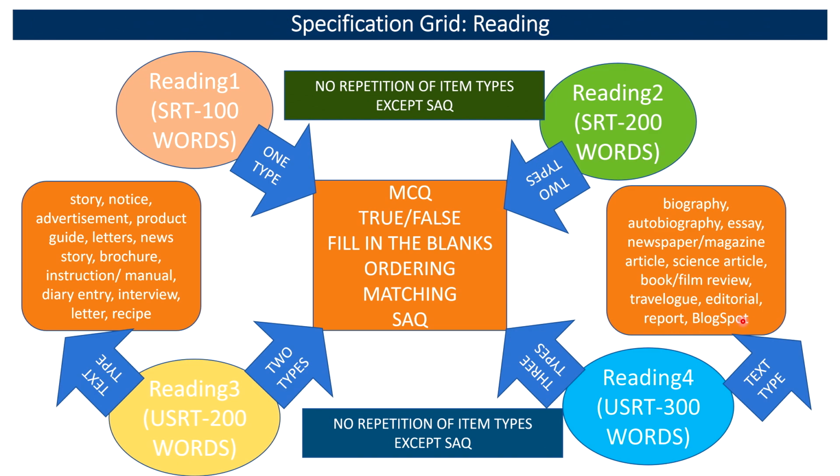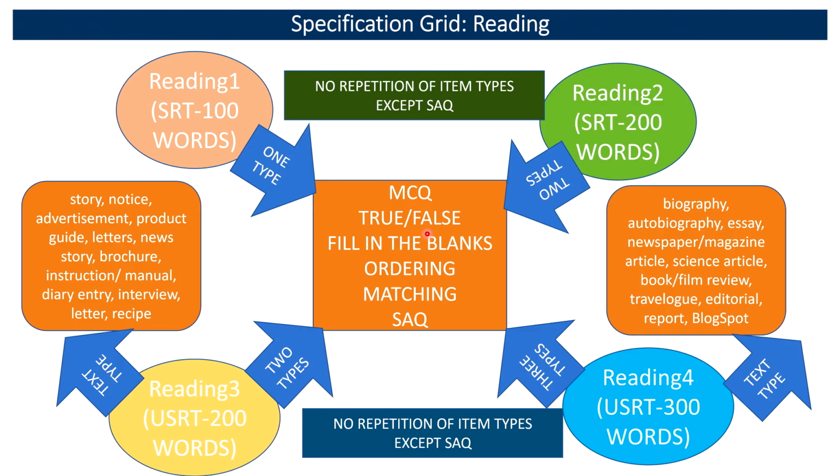And in number 3 or reading 3, we have 2 types of questions, so 2 out of these 6. And in number 4, we have 3 types of items. One type will be vocabulary items only.